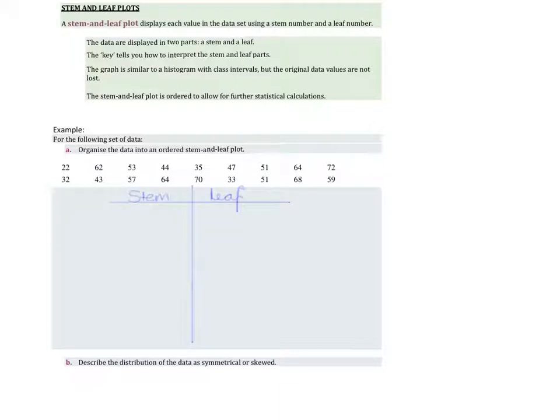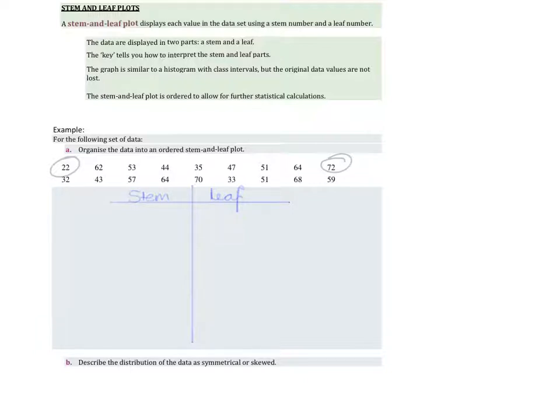Now, it's really important that we do have our data in order in the stem and in the leaves. So you can see there that our smallest number appears to be 22. And our biggest number is 72. Our calculator will have these numbers all in order for us.